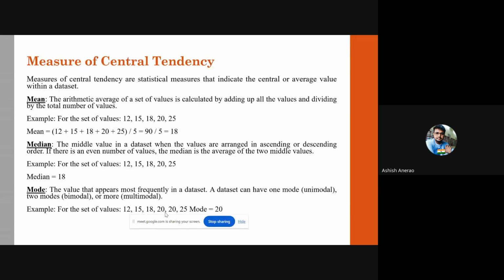If we draw the histogram, then we find those shapes. So whenever we have skew data, suppose we are conducting one examination, and in that examination we have 100 students, and marking level is between 0 to 100.